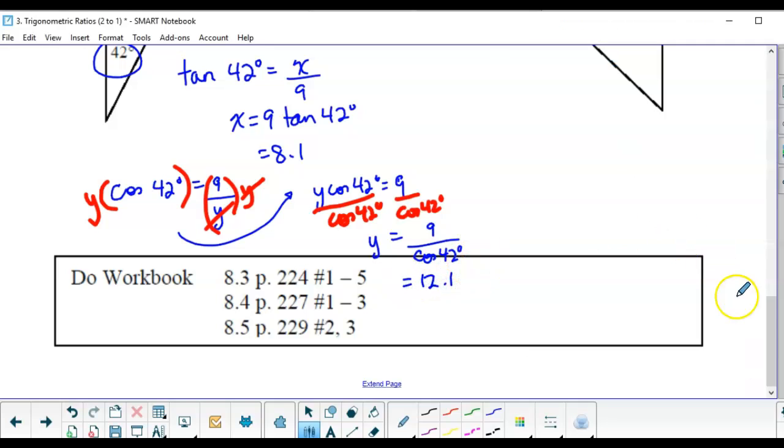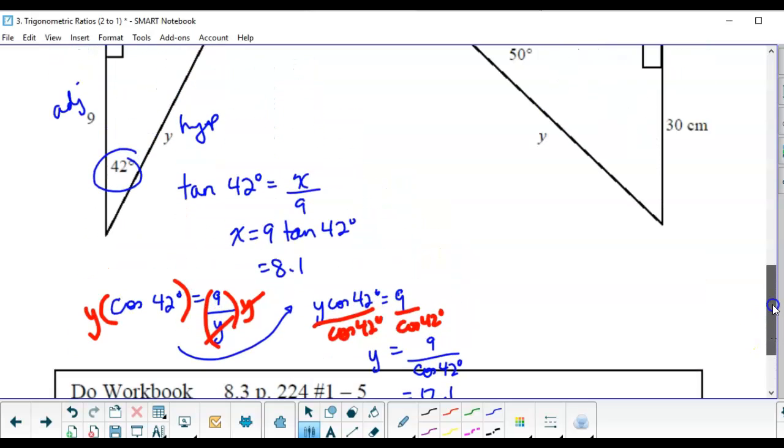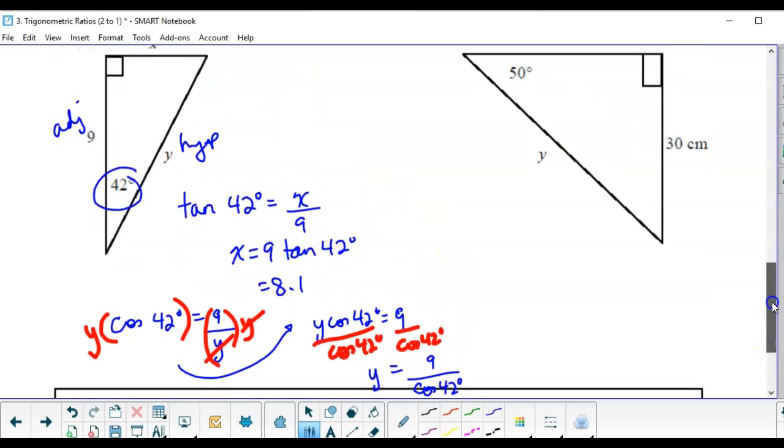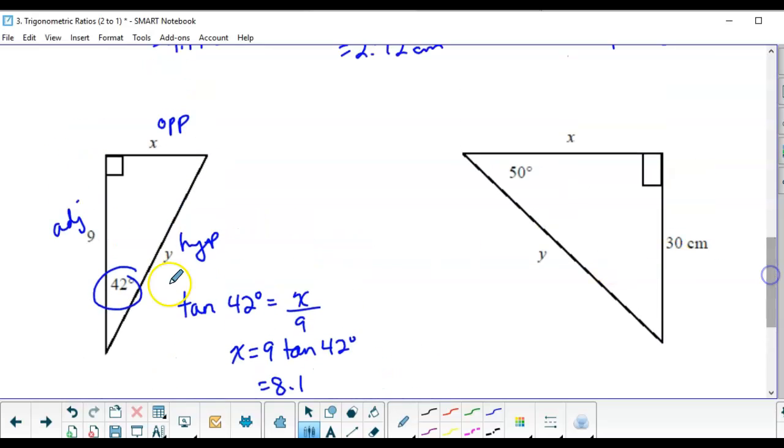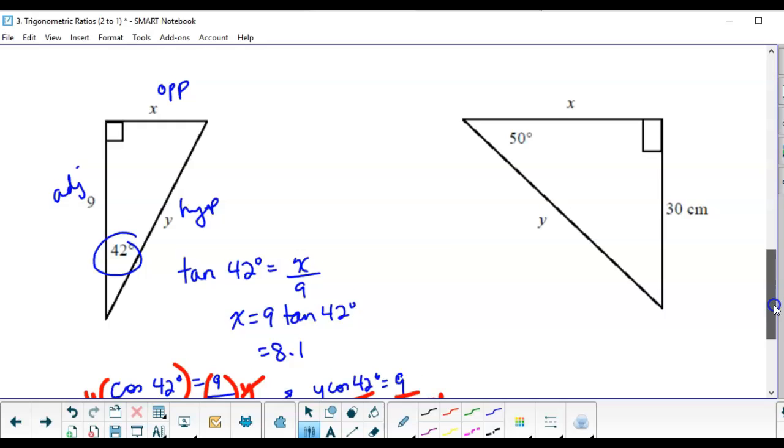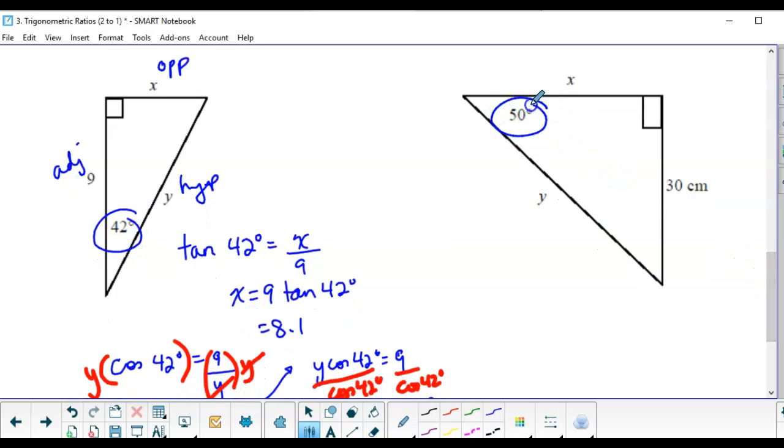Okay, and again, no units because it wasn't given. All right, so 12.1, that's the hypotenuse, so it better be longer than either of the sides, which it is.